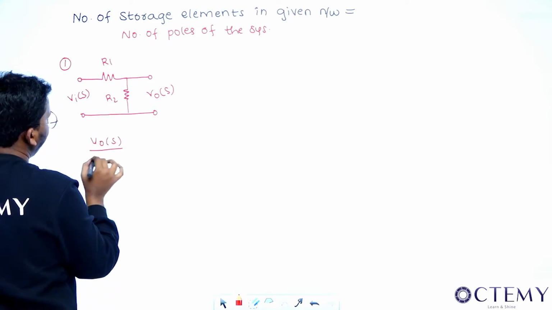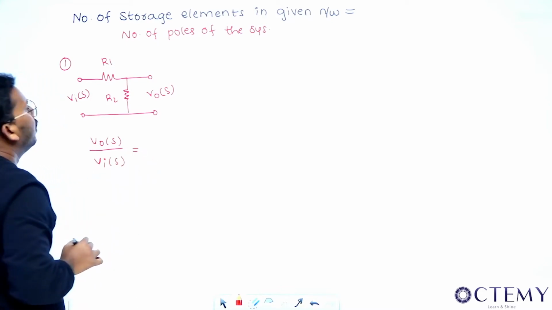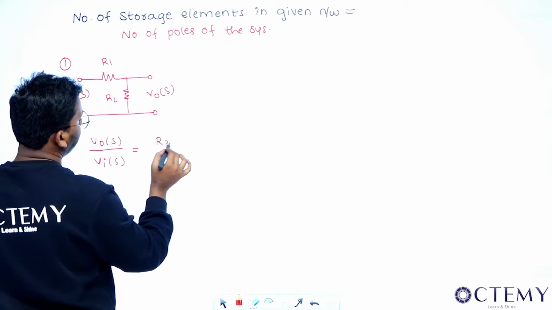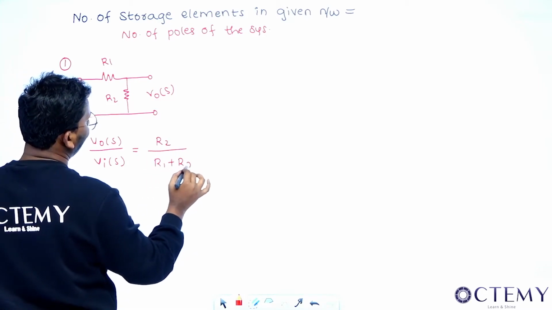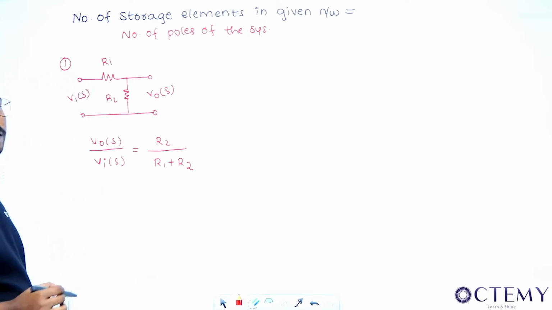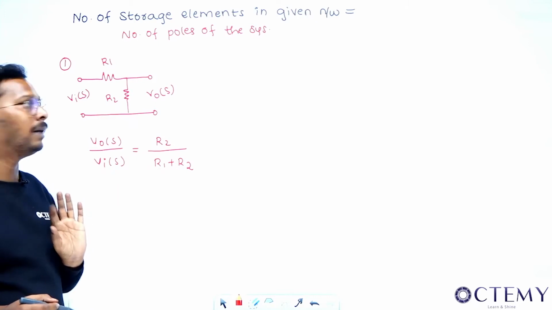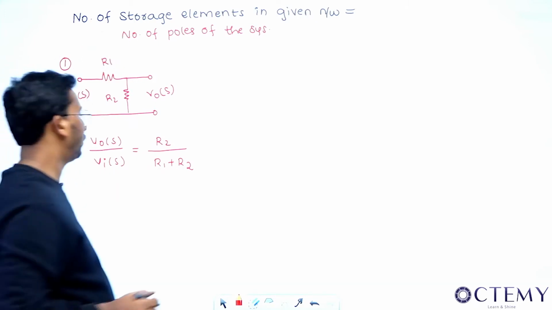VO of S divided by VI of S is basically the voltage division rule, that is R2 divided by R1 plus R2. Now are there any poles here? No sir, because a pole needs an S term in the denominator, then only it will become a pole. So no storage elements, no poles in the system.